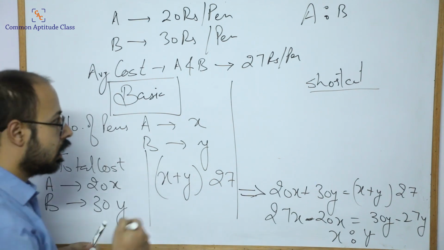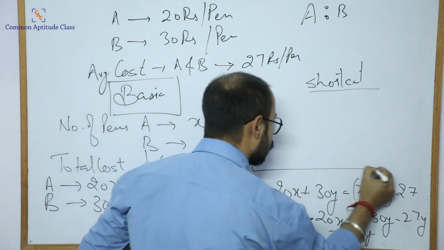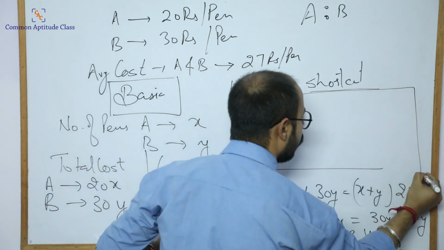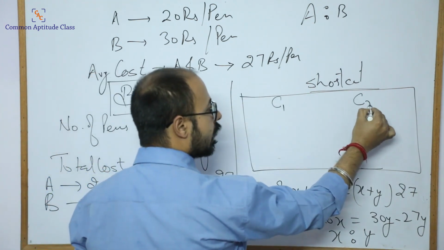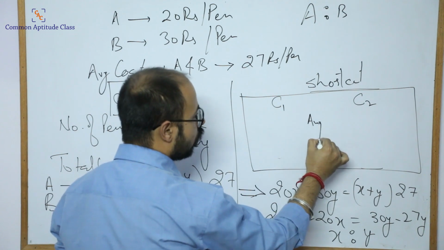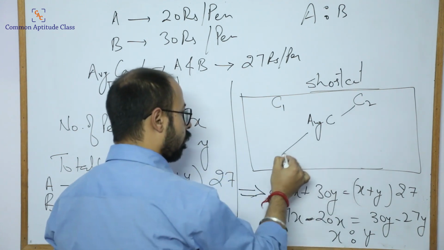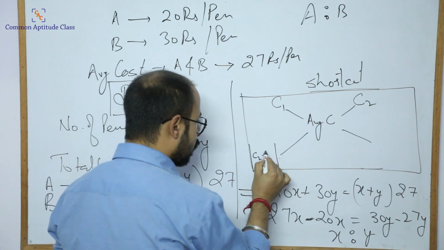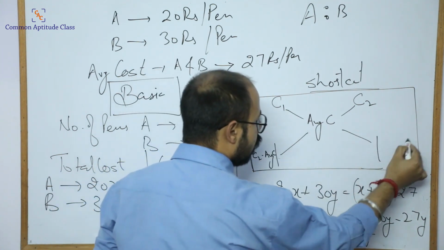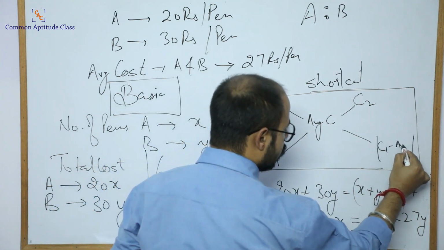Now what is the shortcut? The shortcut will solve this in a very easy way. Write the cost of the first kind of pen, the cost of the second kind of pen, and the average cost, then solve with the mod sign. Take the difference, C2 minus average cost and C1 minus average cost.